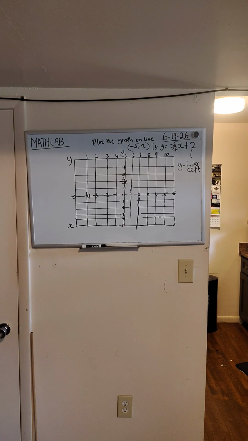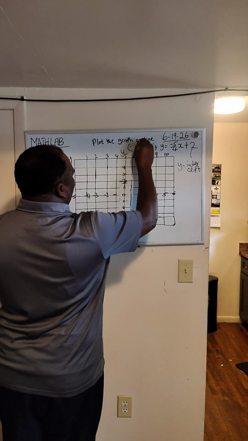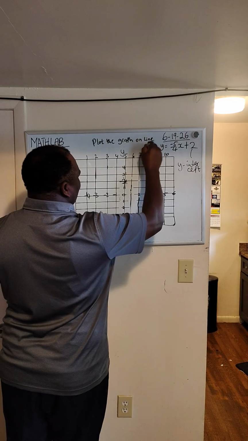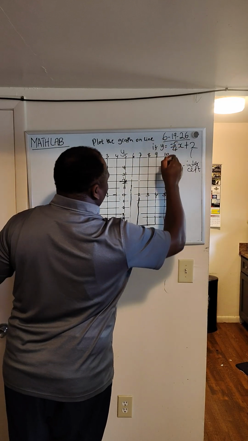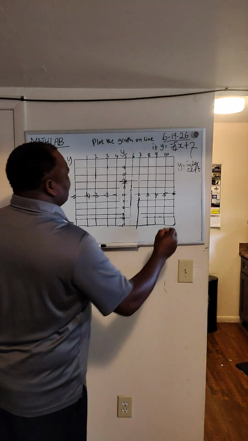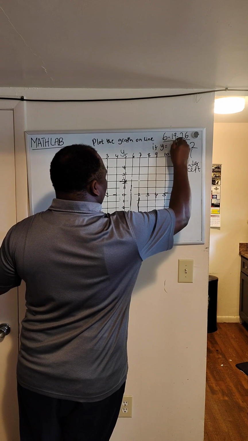So now that we've done that, please use the same kind of graph. I'm going to leave this graph here, and then we're going to just change what we need to do. Plot the graph. In this case we're going to use -4 instead of -5.